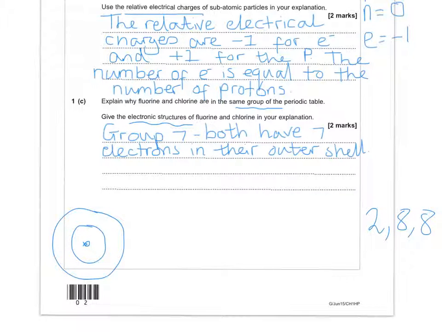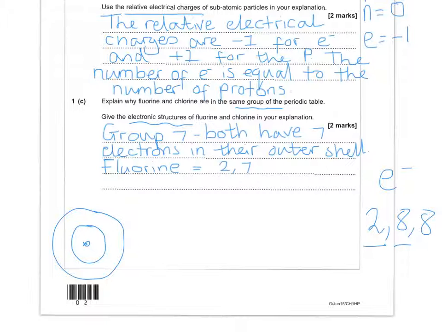Then you need to find fluorine and chlorine in your periodic table. We're looking for the proton number or atomic number, and that will tell us the number of electrons. So if you find fluorine, you will see that there are 9 electrons. So the fluorine structure would be 2 and then 7.